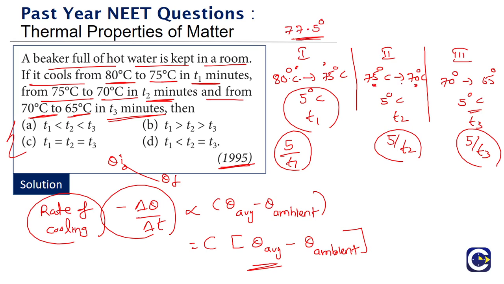Here the average is 75 plus 70 by 2, which is 72.5. Here it is 70 plus 65 by 2, which is 67.5. That is the average temperature. The ambient temperature they have not given us, so let us just take it as 30 degrees.